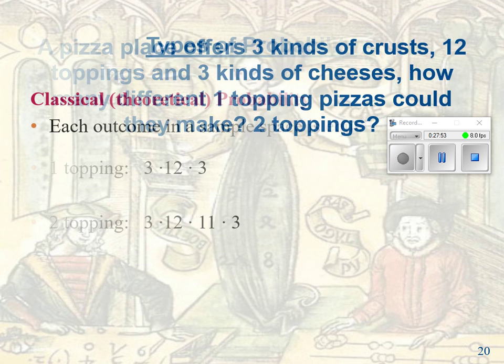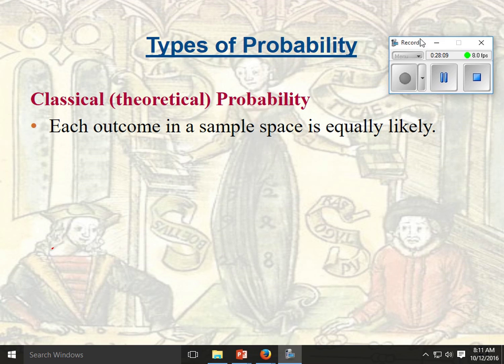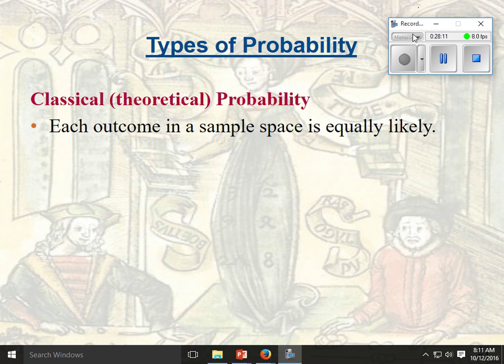All right, types of probability. 3 different types of probability. Classical or theoretical probability. Each outcome in the sample space is equally likely.